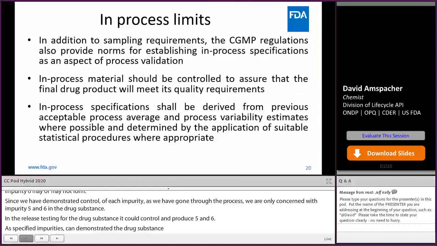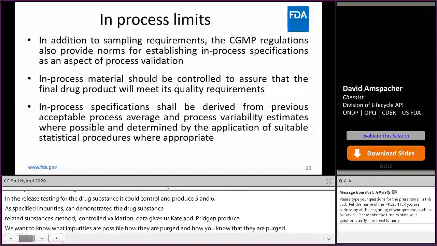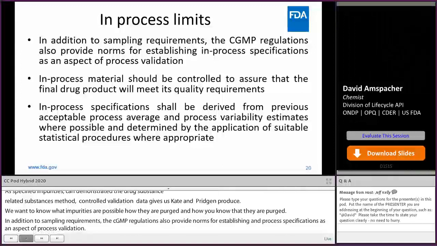In addition to sampling requirements, the OGMP regulations also provide norms for establishing in-process specifications as an aspect of process validation. In-process materials should be controlled to assure that the final drug product will meet its quality requirements.